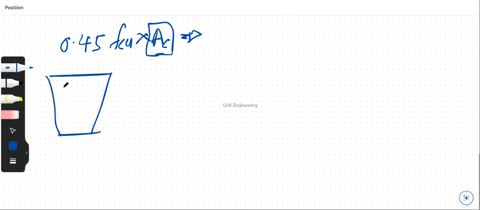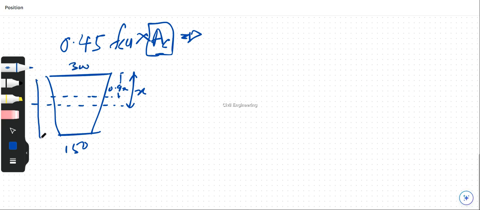This is the section we have. This is x, and we have 0.9x. This is 150, and this is 300, and the total overall depth is 450.